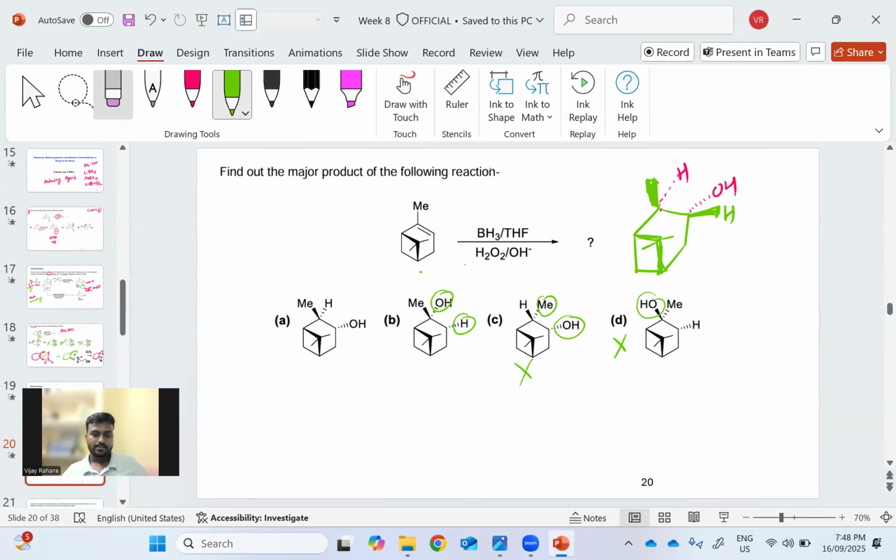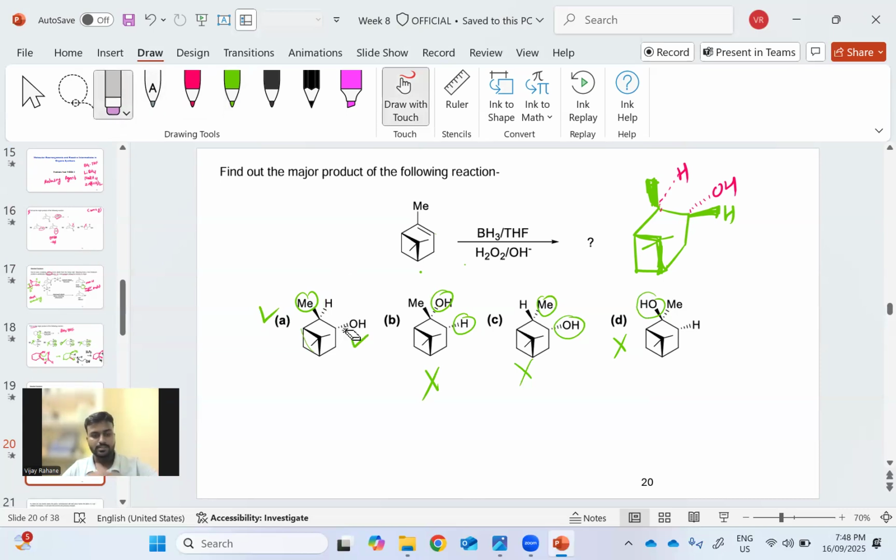And therefore this is wrong. Now we have the methyl and this group on the syn side, basically the steric, the attack takes place from the bottom side. That's why the hydride is on the bottom side, and the hydroxide group is again on the same bottom side.